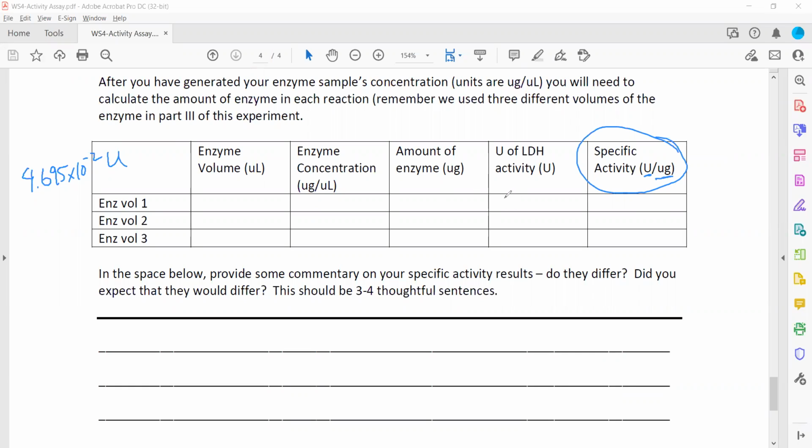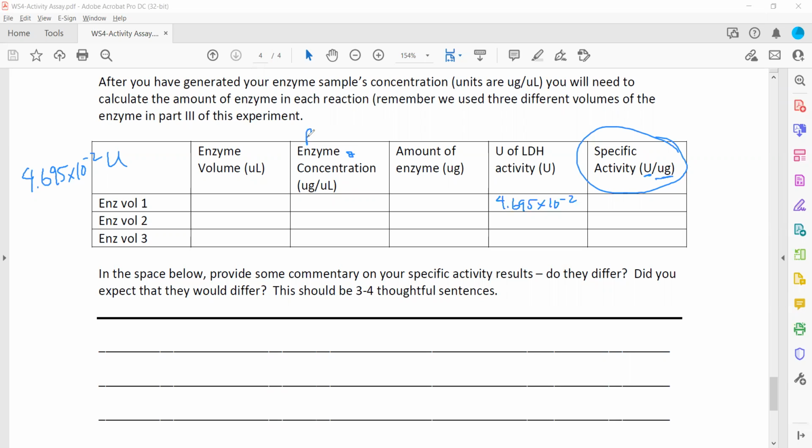Now, we're going to say 4.695 times 10 to the negative second units of activity. We're going to relate that to the total amount of protein that was in our mixture. Now, we have our concentration of protein that was in our sample, which we got from the standard curve that we developed, and then plugged in the values that we got for part 2.